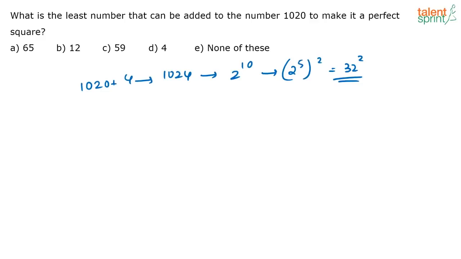Generally, let us assume that I don't know that 1024 is 2 to the power 10. Then how do I go about solving this question? Let us say the options are not given, or you don't know 1024 is 32 squared.